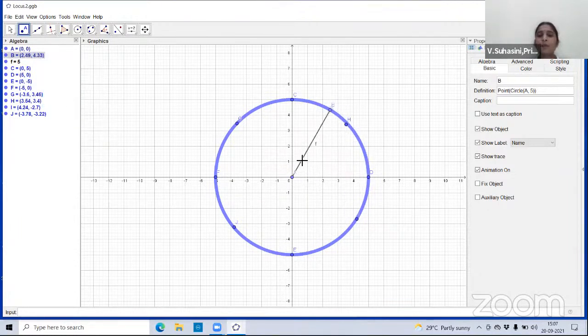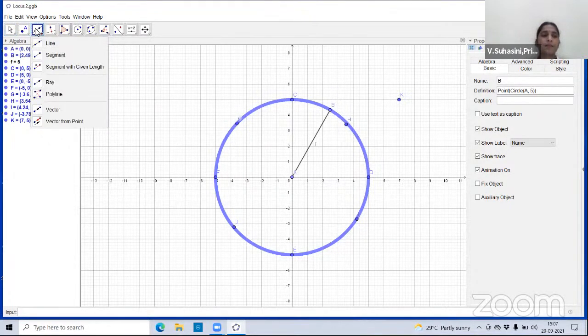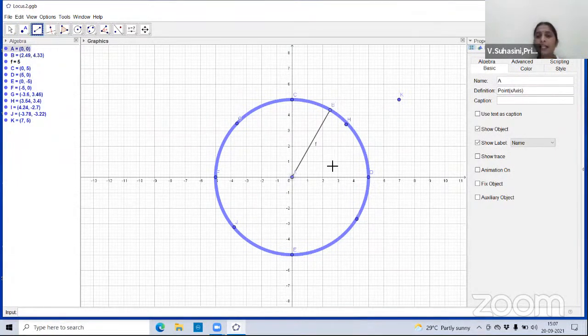The second important point I would like to take is any other point in the plane which is not on the circle.